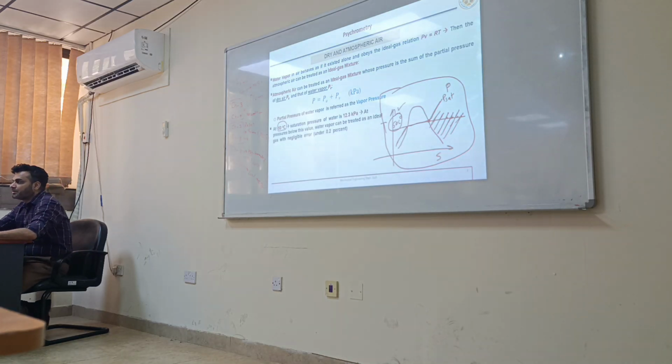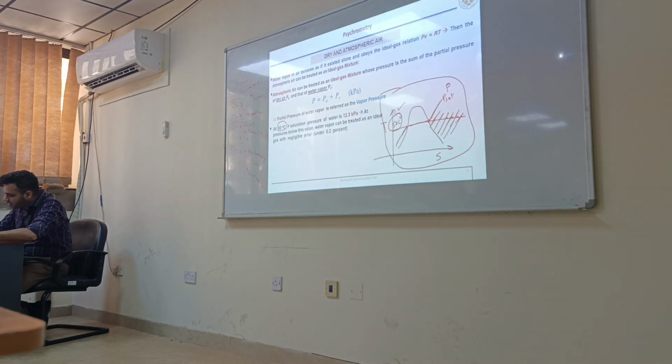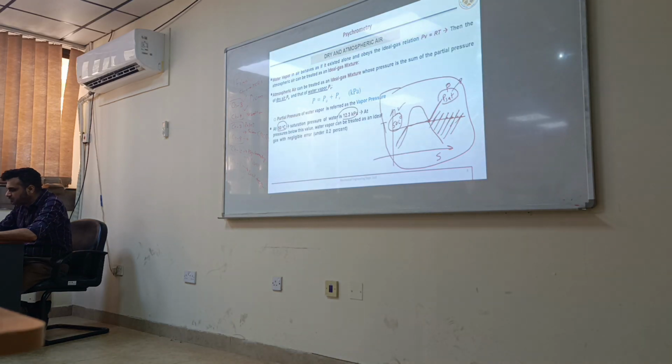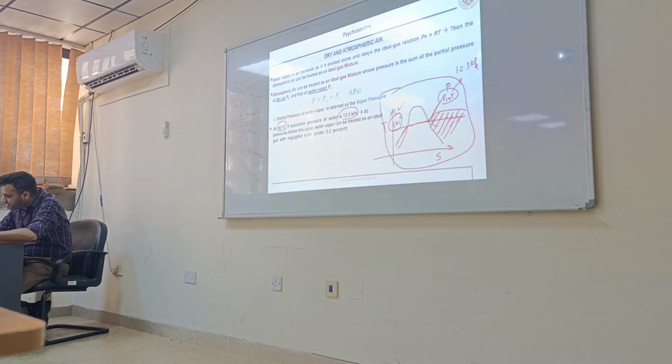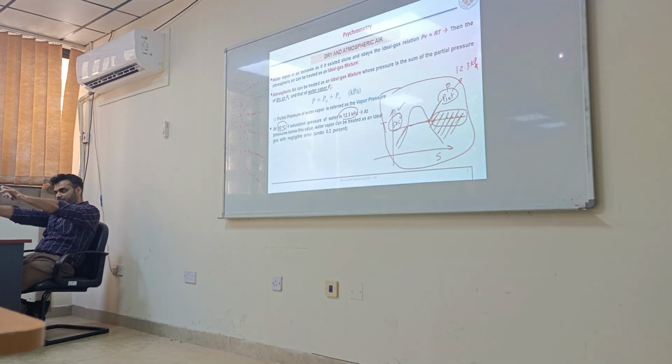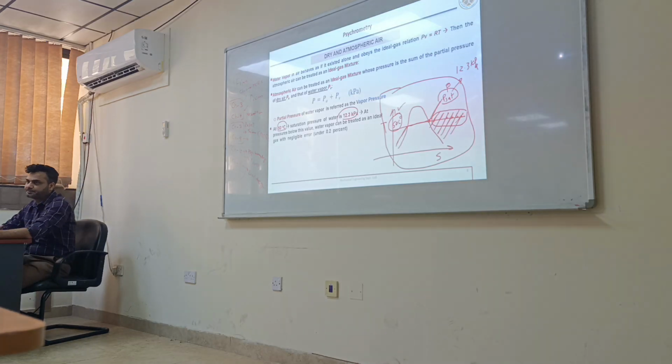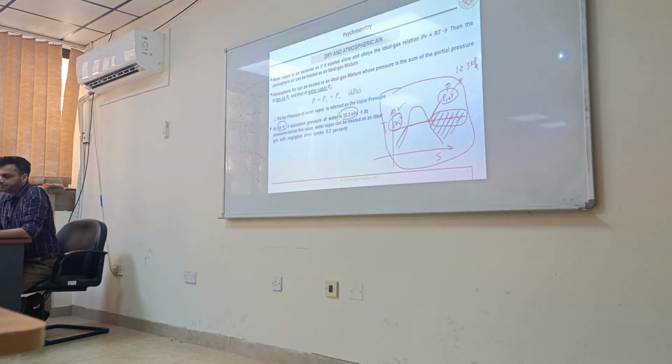It means water vapor in that air at 50 degrees Celsius has a pressure lower than P sat. And what is P sat? 12.3 kilopascal is shown for water. So all these pressure lines are lower than 12.3.